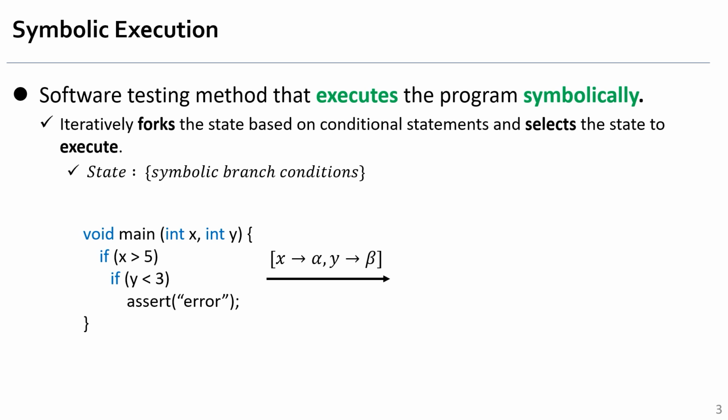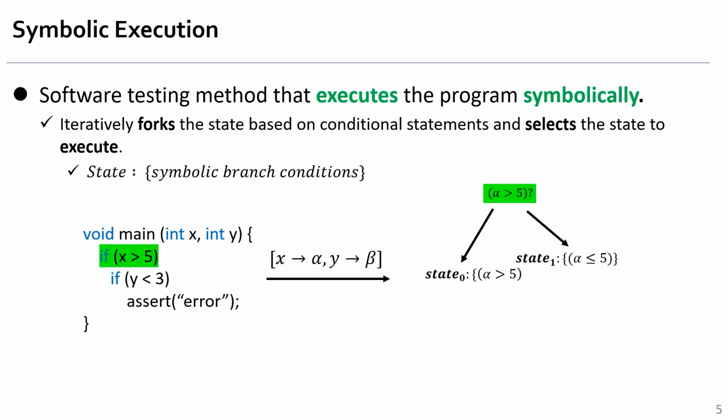Well, it's quite difficult to understand, so let's see how it works with a simple example. At first, it replaces the input of the program with symbolic values alpha and beta. So input x and input y would be replaced with symbolic variables, and it starts with the initial state, state 0, which has an empty symbolic branch condition set.